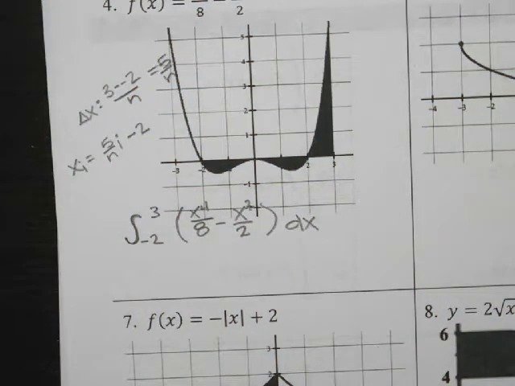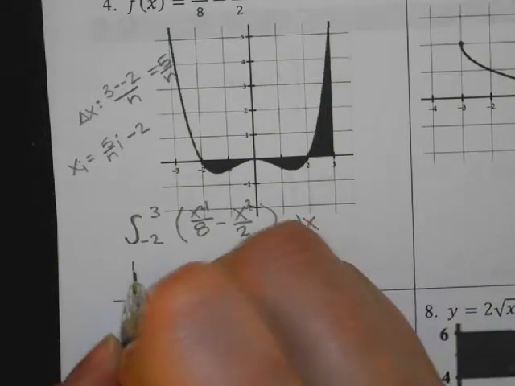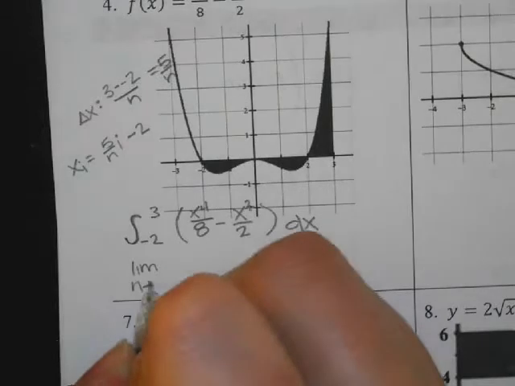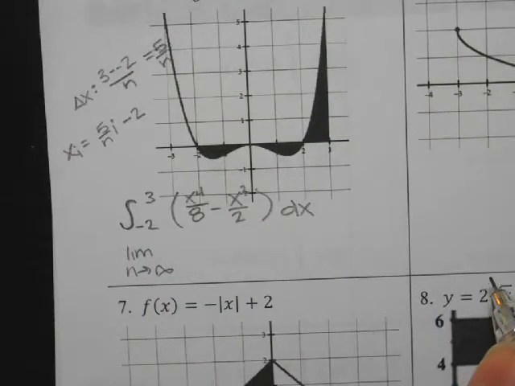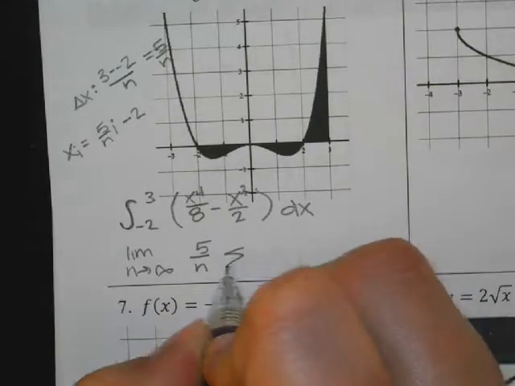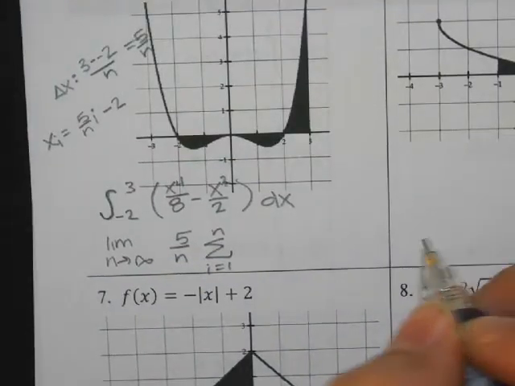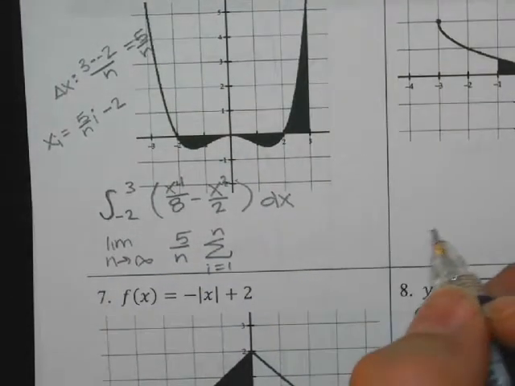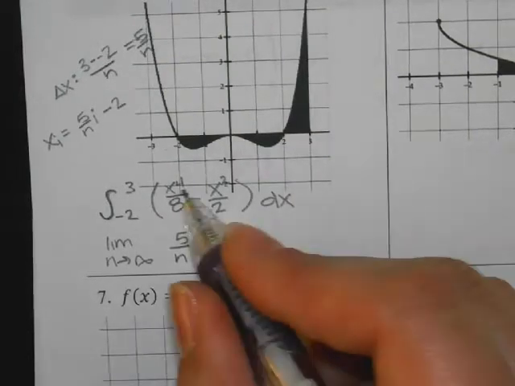Okay. So our limit of sums would be the limit as n approaches infinity of 5 over n. And then we're plugging stuff in for x.